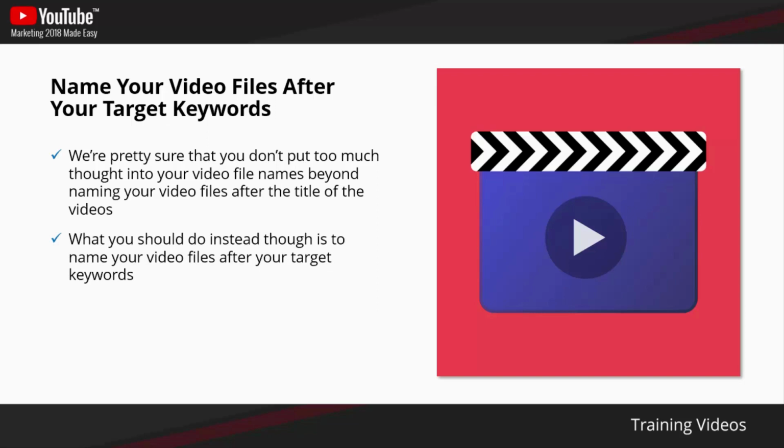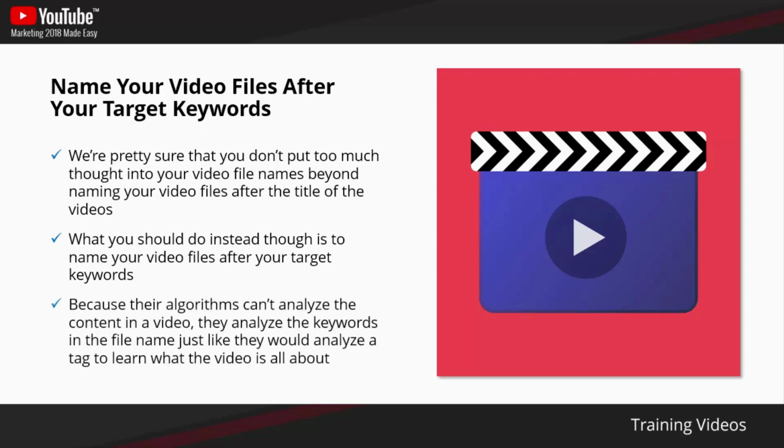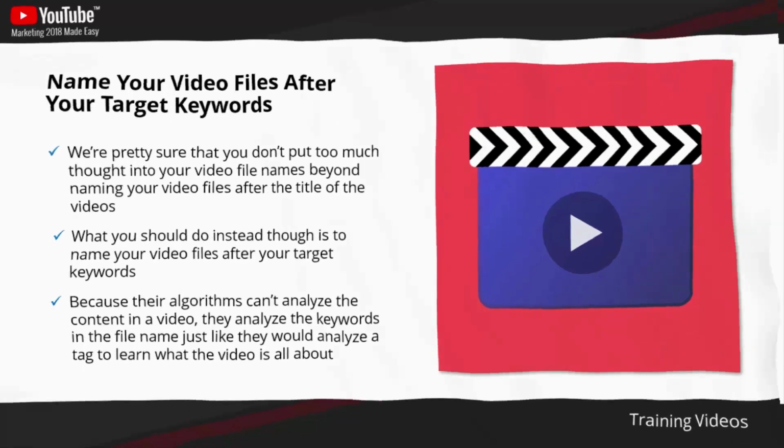That is because when you name your video files after your target keywords, you are essentially using the file name as a keyword that Google and YouTube can recognize. Because their algorithms can't analyze the content in a video, they analyze the keywords in the file name, just like they would analyze a tag to learn what the video is all about. This helps the algorithm to index your videos more easily.